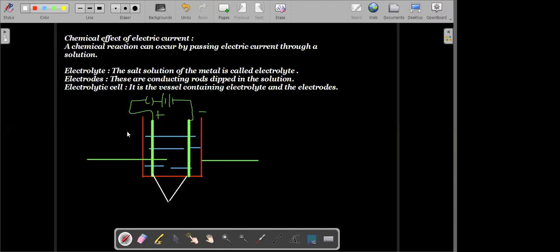Let's try to name all of them. So this is the electrolyte. This is the electrolytic cell.